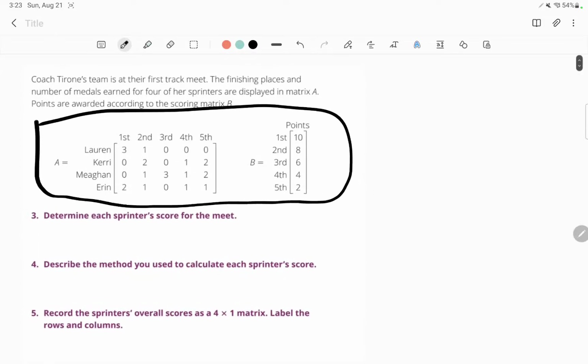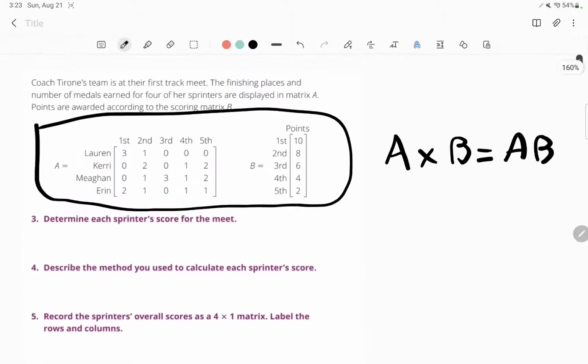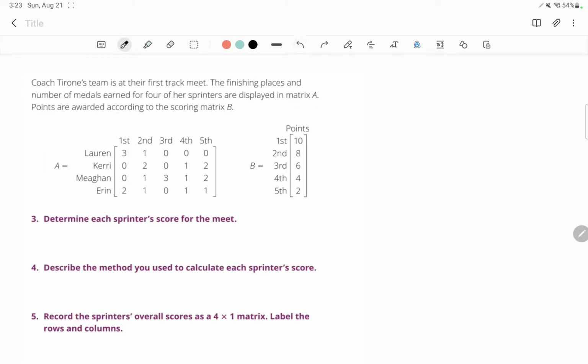And what we're going to be doing, A times B is equal to AB. So in other words, we're going to be multiplying both of my matrices. So copy that down. This is going to be the actual problem that I want you guys to try and do.